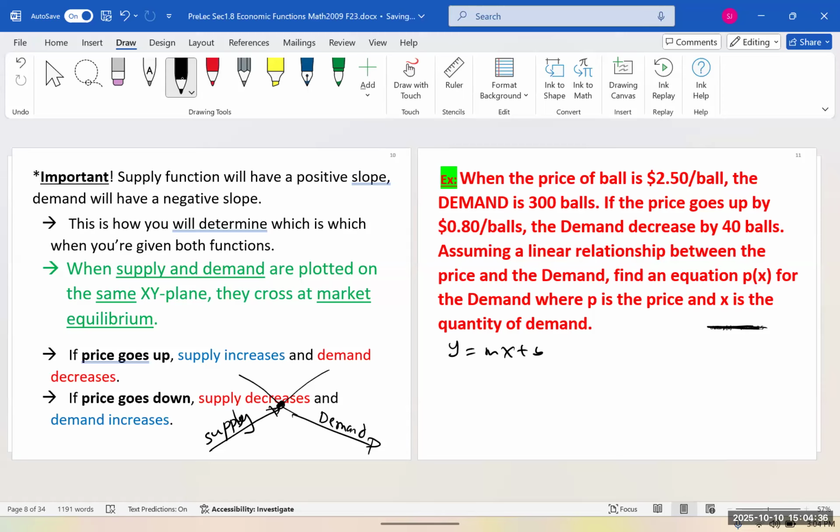Instead of y, write P of x, and x is the same here. P is the price and x. You can also use small p, the price. Price and P of x are the same thing, equals something x plus something. So you need to find the intercept and the slope.